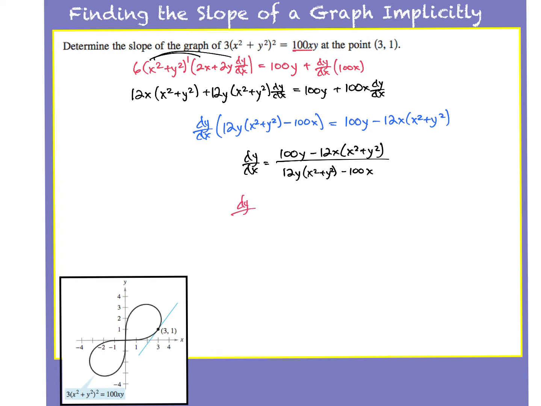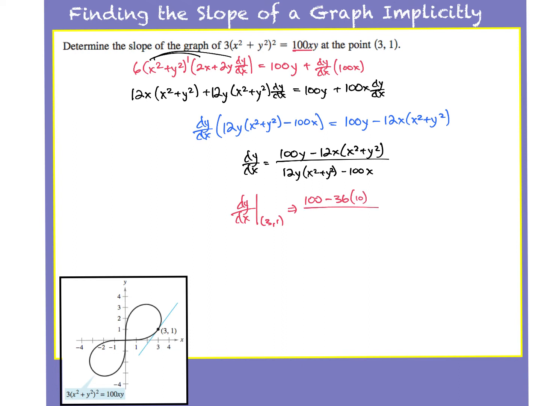So dy/dx at 3, 1. Let's substitute in. I substitute in 1 for y, so now I have 100 times 1, which is 100, minus, I substituted in 3 for x, so 12 times 3 is 36, times 3 squared plus 1 squared. 3 squared is 9, 1 squared is 1, we add them together, we get 10.